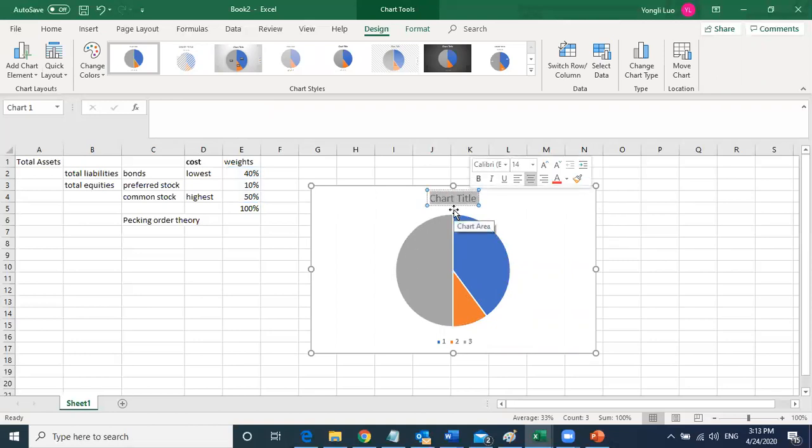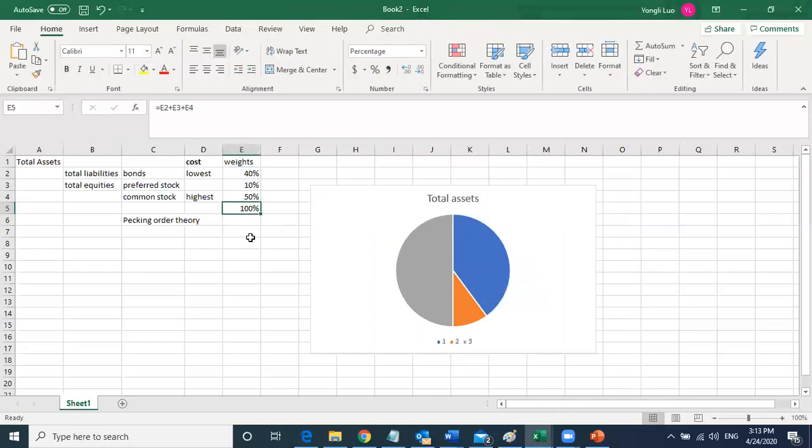Your total assets will be three different components, and those three components, summed up, are going to be 100%. So the 100% is exactly equal to the whole pie, right?